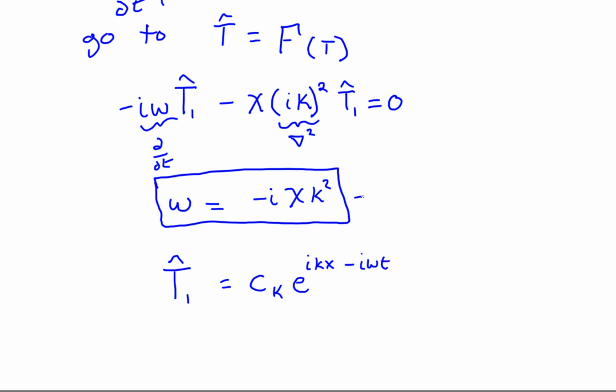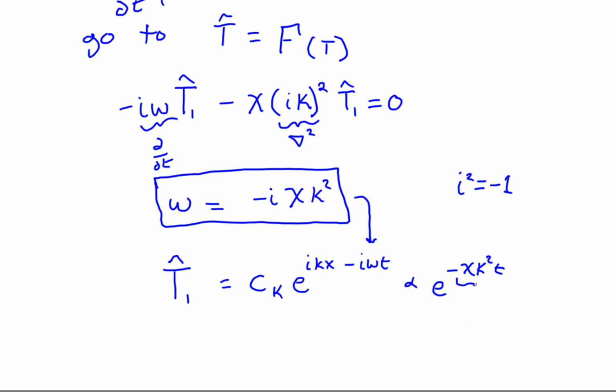And if we now take this solution for omega and plug it in, we can see that the temporal part has an i squared, but i squared is equal to minus 1. And so this has the form of e to the minus chi k squared t.